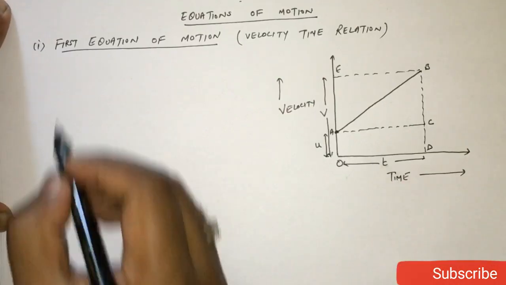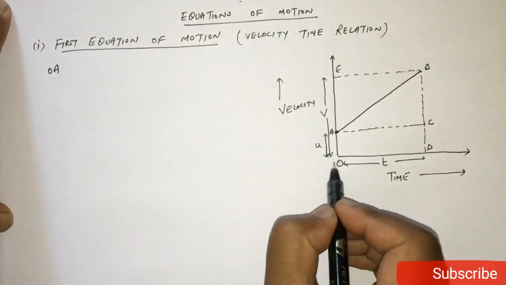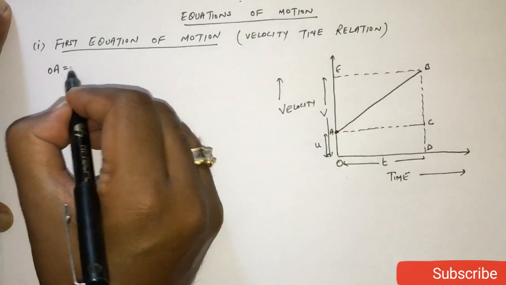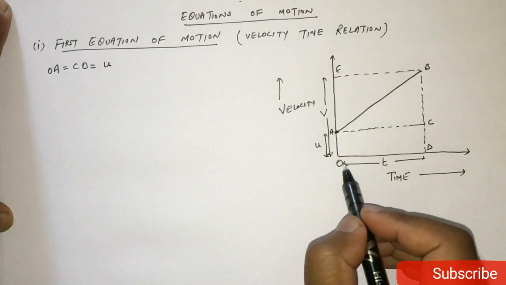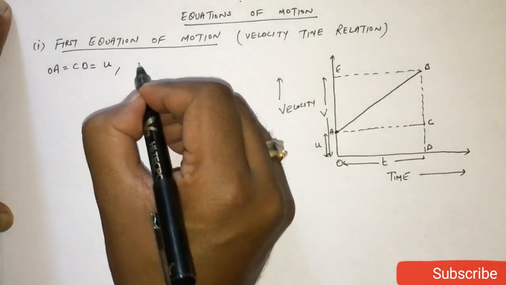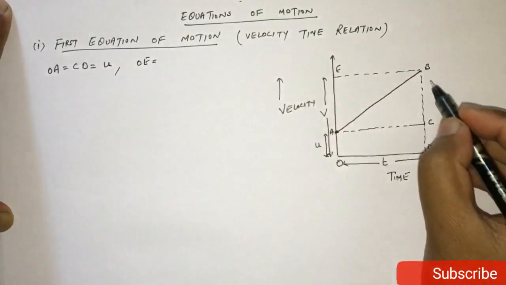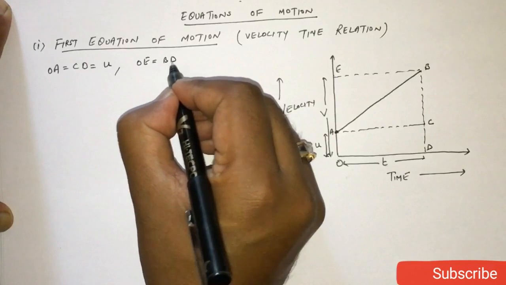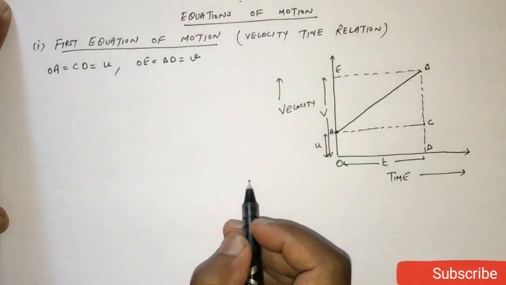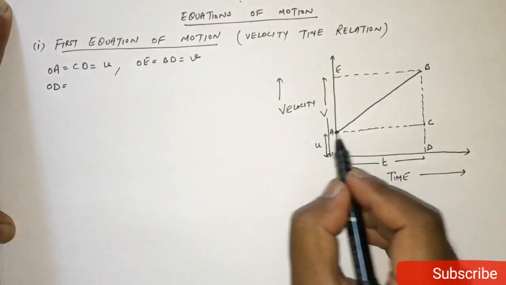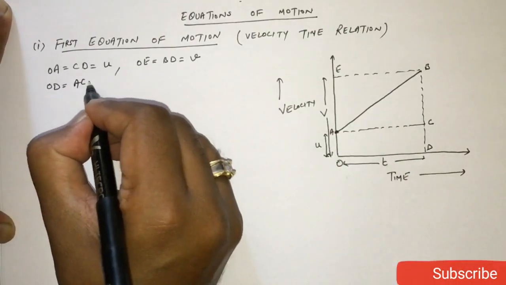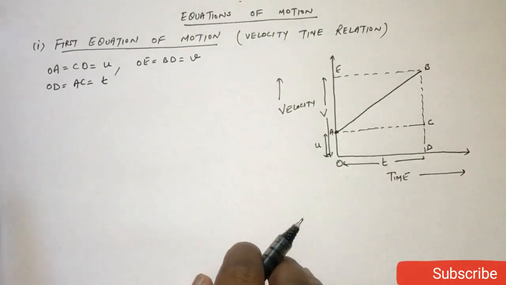Now from the graph we have OA equals CD equals initial velocity u. Similarly, OE equals BD, the final velocity v. OD equals AC, which is time t.